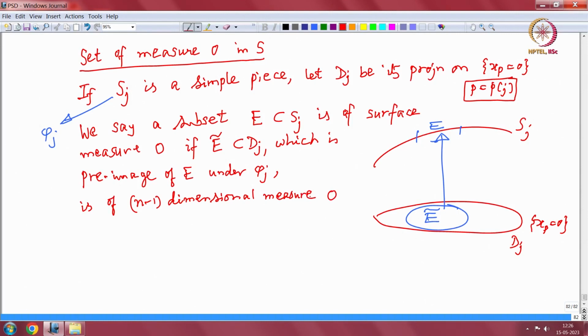So once we define this concept of set of measure 0 on a simple piece, its extension to S is immediate.